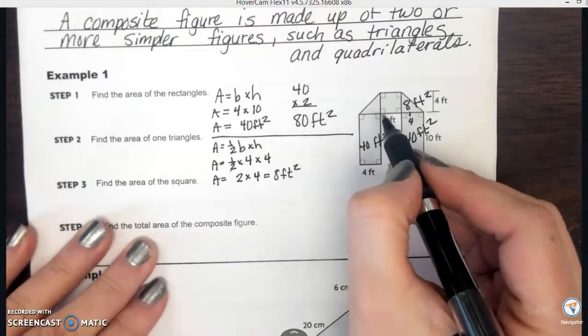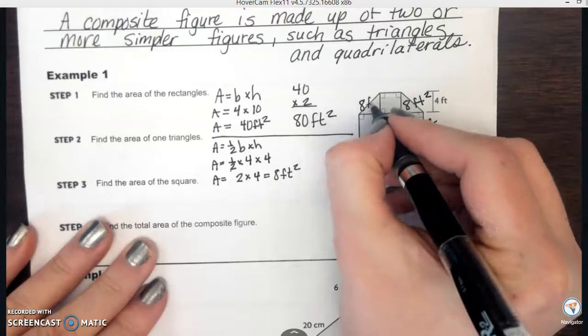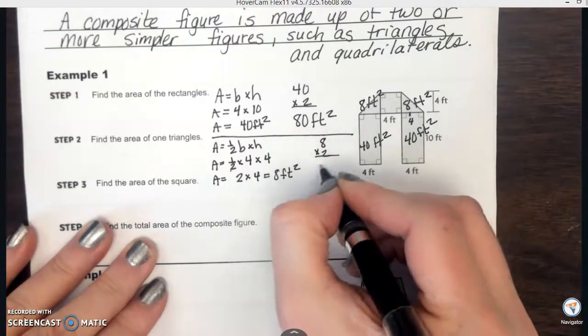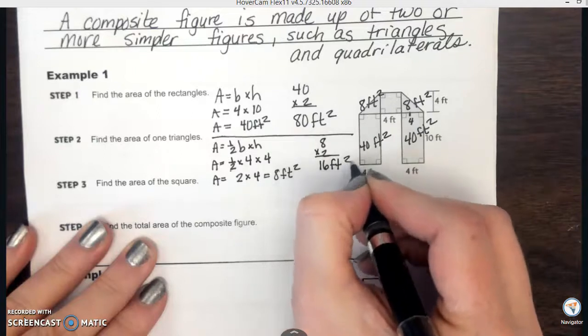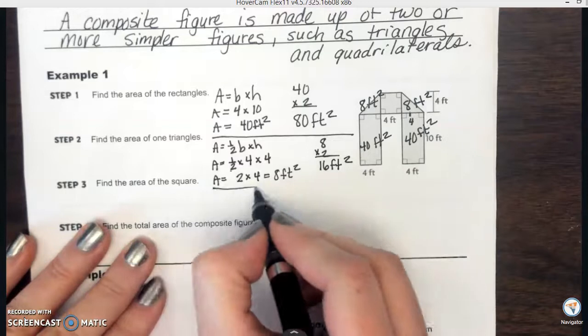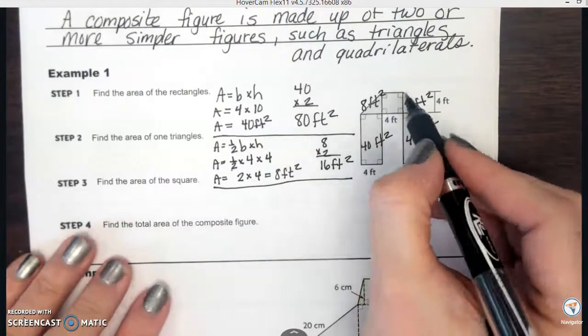Now notice this one over here is the exact same. So it's also 8 feet squared. So I could say 8 times 2 to get 16 feet squared for my triangles. The last shape that I need to find the area for is this square right here.